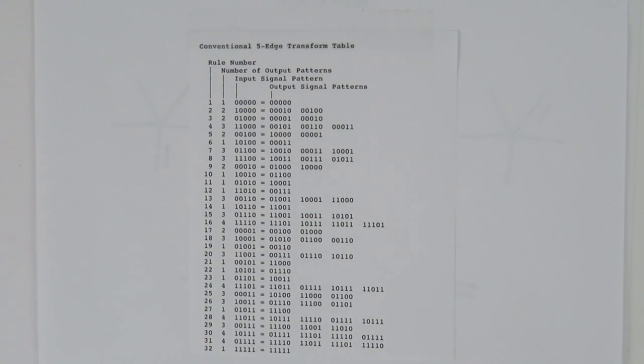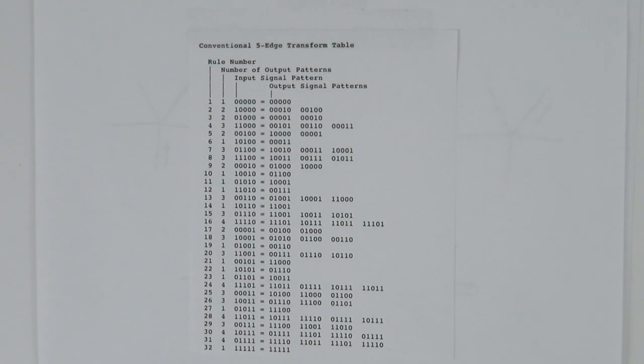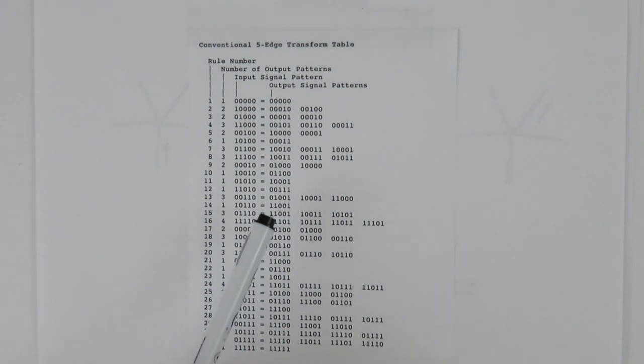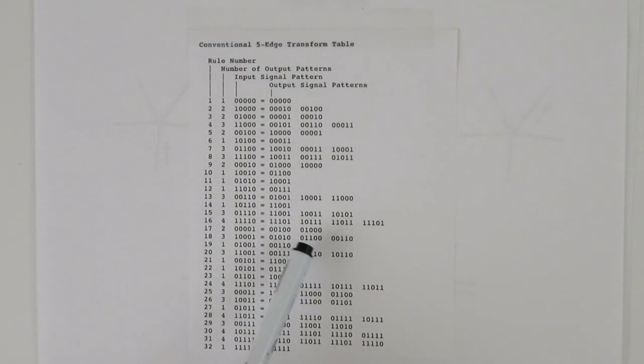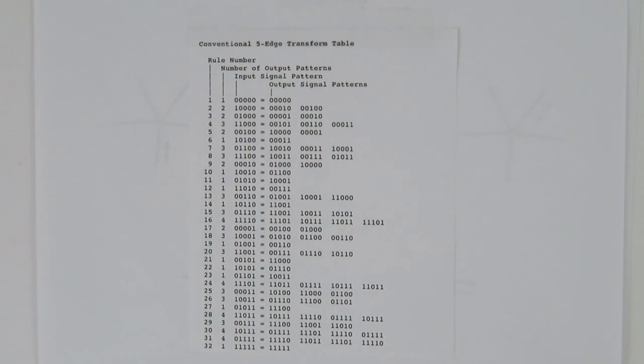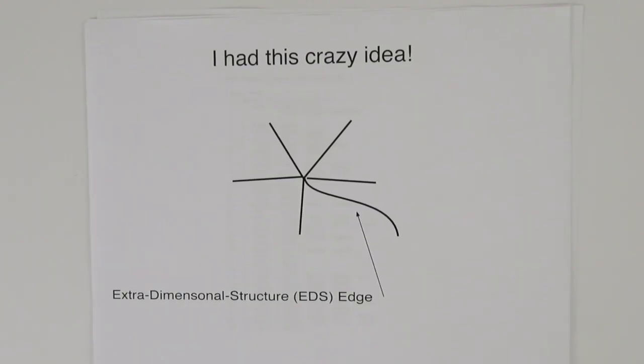The individual events at a 5-edge node can be put together in a table, which in this case has 32 rules with different probabilities. So some events have only one input and one output. Others have, in this case, 3 or 4 possible outcomes. So then I had a crazy idea.